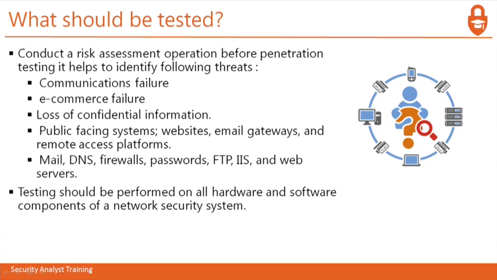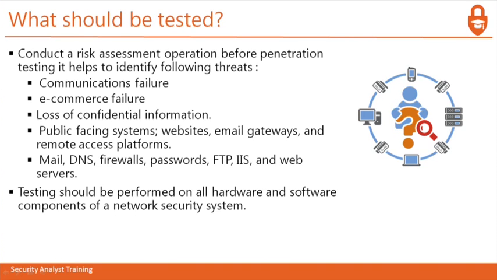And some of the common ones are communication failure, e-commerce failure, and loss of confidential information. So these are some of the common threats faced by an organization, right? It could be communication failure, it could be e-commerce failure, like transactions or something, it could be loss of some very critical confidential information.